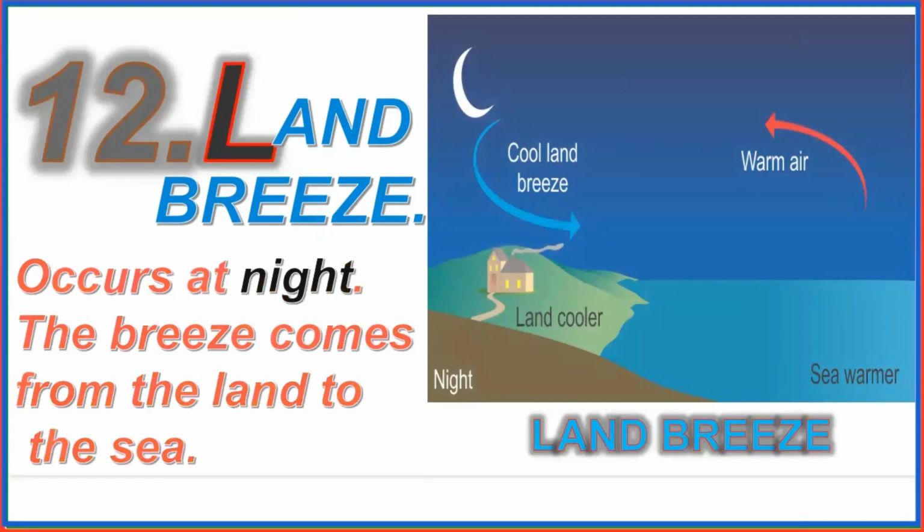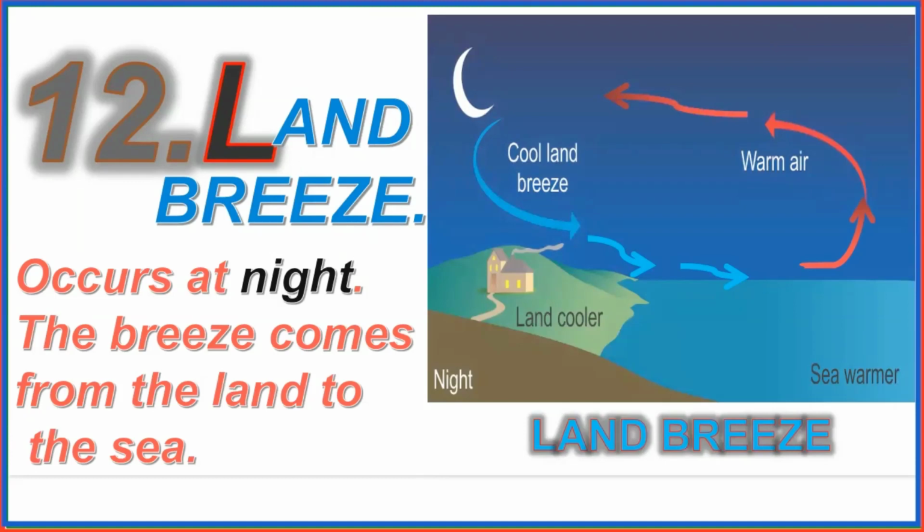The breeze comes from the land to the sea. That's why we say land breeze, because the breeze itself is coming from the land. So during the night, the land is cooler and the sea is warmer.